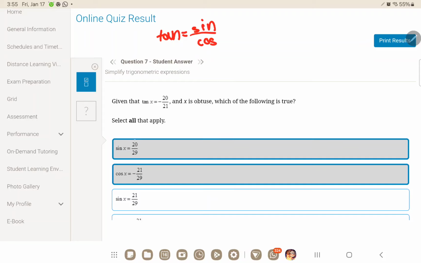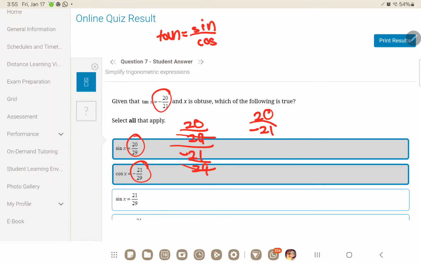So I want you to put all the sines over the cosines. So 20 over 29 over negative 21 over 29. You can cancel the denominators if they're alike. You'll be left with 20 over negative 21, which is the same as negative 20 over 21.